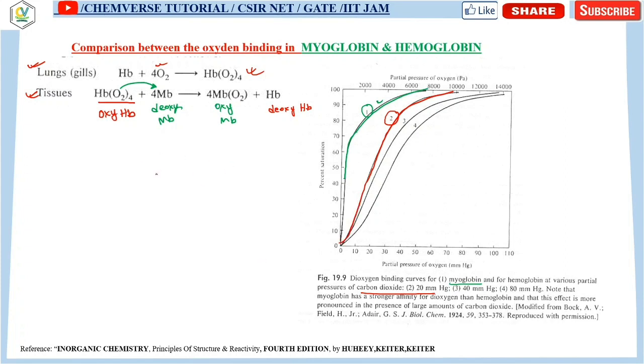So if I simplify this diagram where I am showing just these two curves, this is basically the curve for the hemoglobin, and the curve for myoglobin will look like this. From this curve, you can see that the hemoglobin curve is basically a sigmoidal curve.